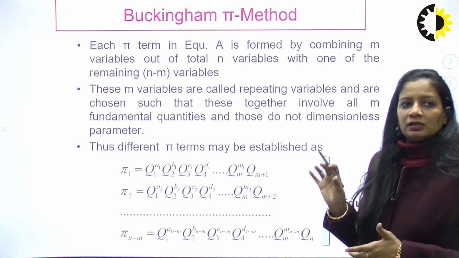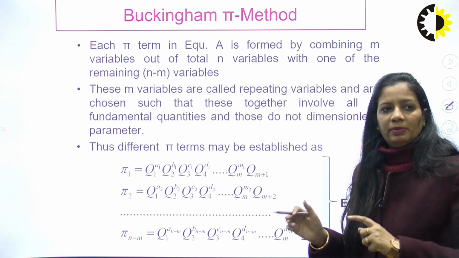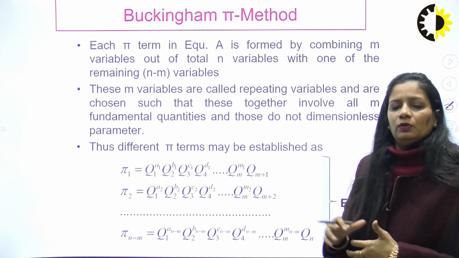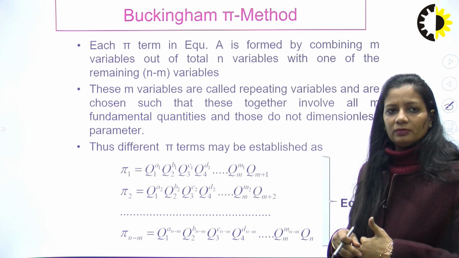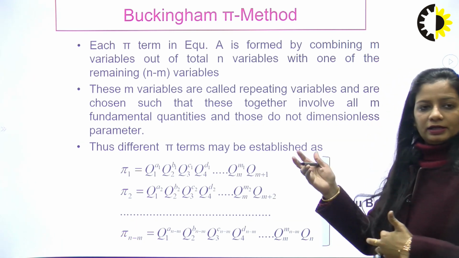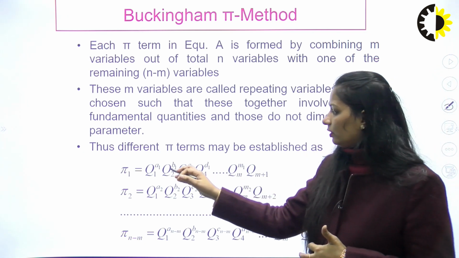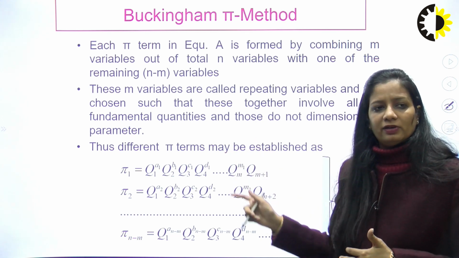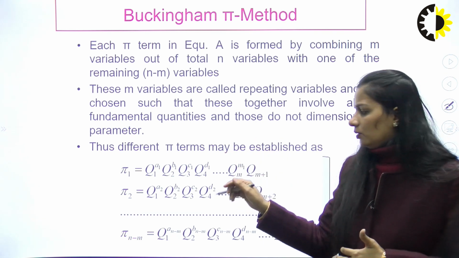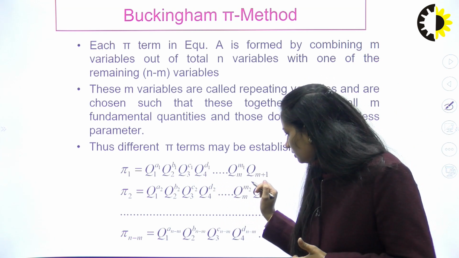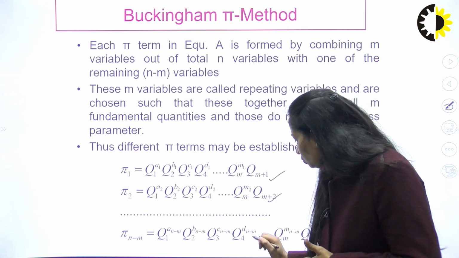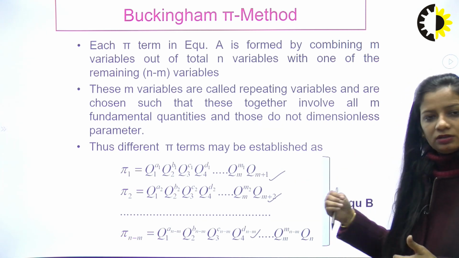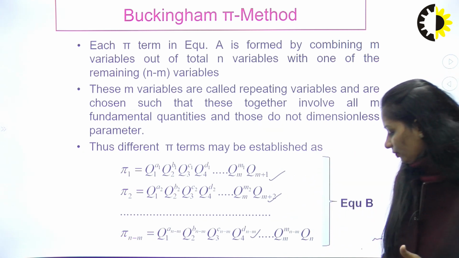Some m variables are called repeating variables, and these can be chosen in a particular fluid phenomenon. Here pi 1 will be equal to q1 to the power a1, q2 to the power b1, and so on. This is the way to write the formulas for pi 1, pi 2, pi 3 up to pi n minus 1.